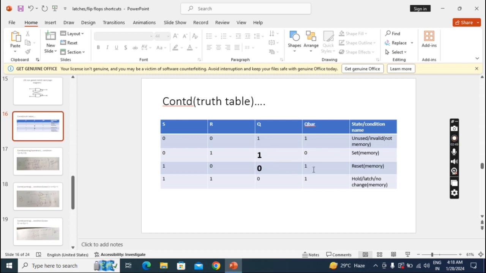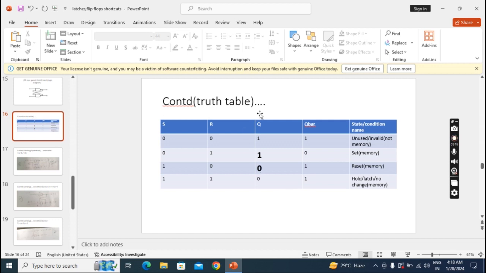In the third condition, 0 1, now 0 is stored. This we call reset. 0 means reset. Then next again 0 1, previously 0 1, now also 0 1. It is maintaining the previous state, so whenever it is maintained as previous, we call it hold, latch, or no change.